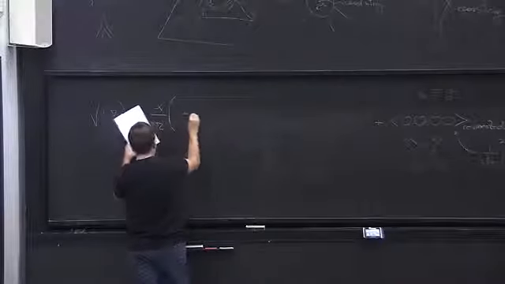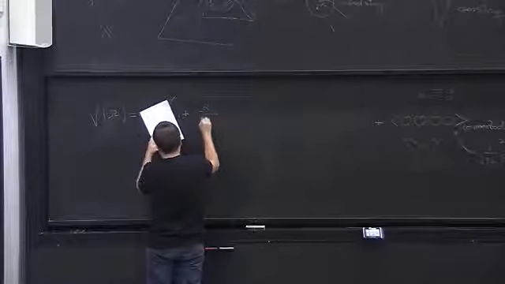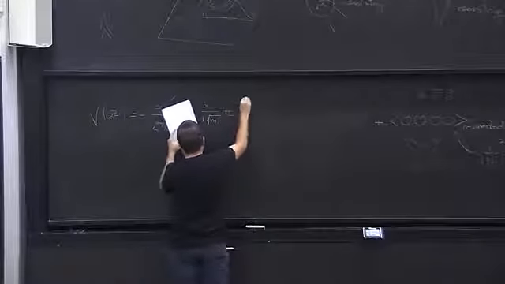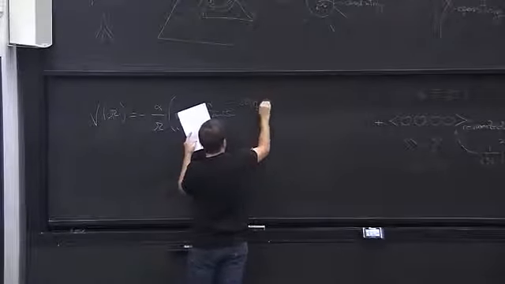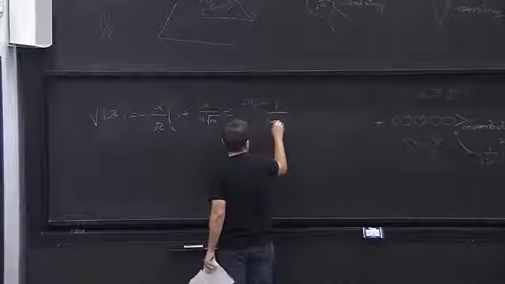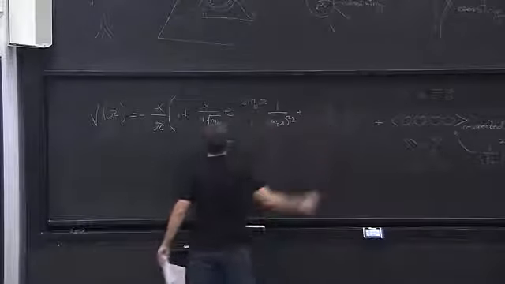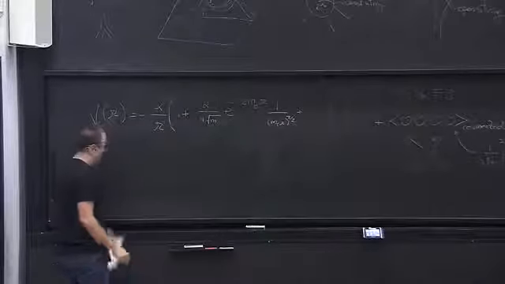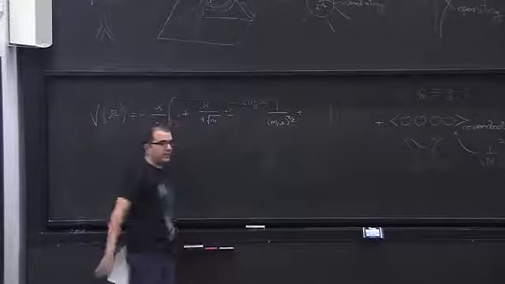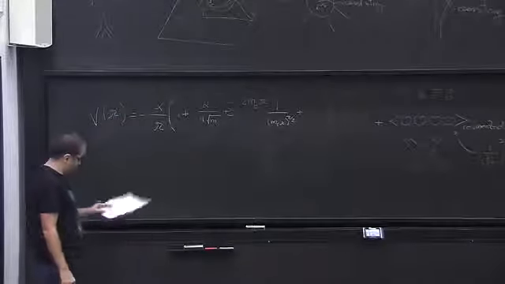For example, the other graphs would start giving you terms suppressed by powers of 1 over the mass of the electron times the radius, to the 3/2, plus dot dot dot. This is called the Uehling potential, I think, or something like that. And you start getting corrections to the potential of the electron.